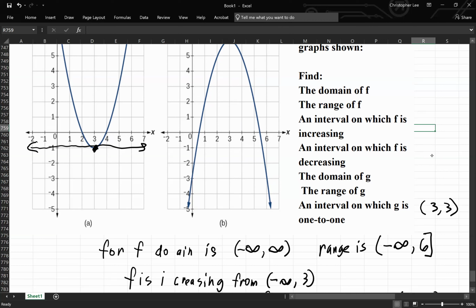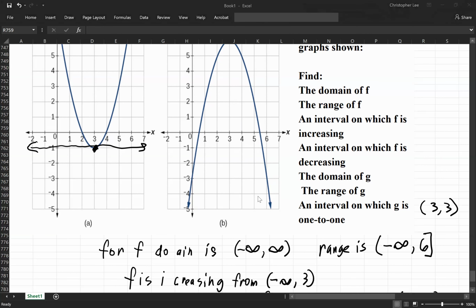That would be the point, technically speaking, right? Technically speaking. All right. Let's keep it moving.